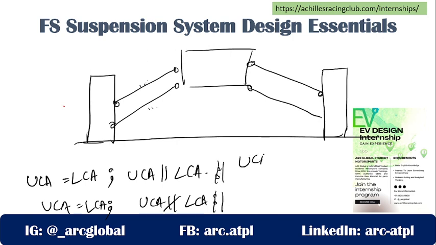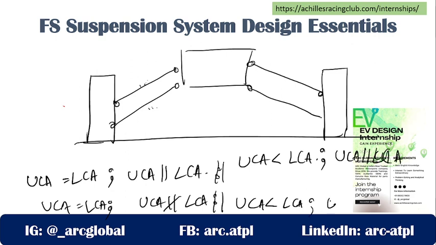Or say the upper control arm is lesser than the lower control arm in length, but the upper control arm is parallel to the lower control arm. The upper control arm is not parallel to the lower control arm.